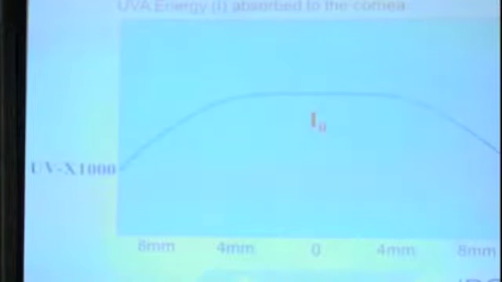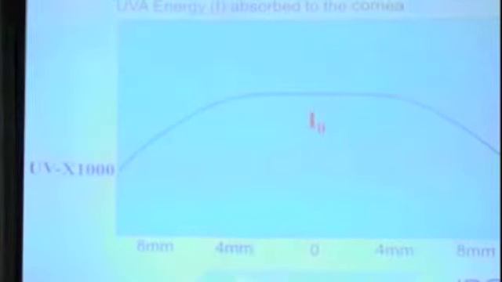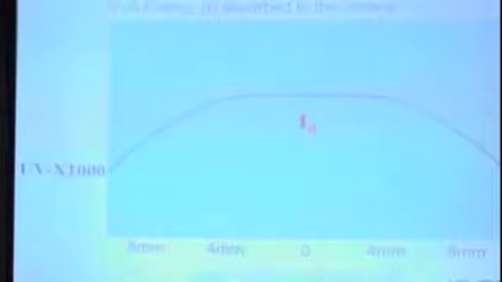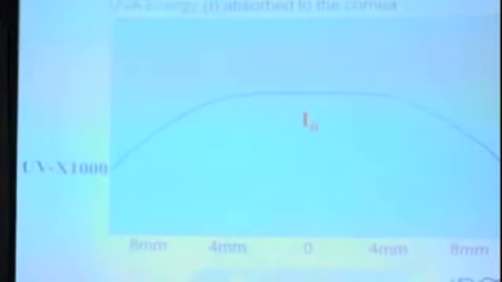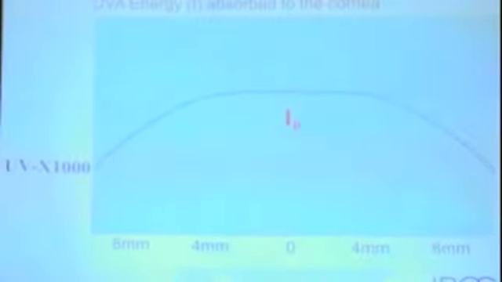So here we can see the old beam profile with the total energy absorbed in the cornea. In the center of the cornea a high energy is absorbed, so there we have the whole 300 micrometers, and in the periphery we have less. That was the reason we thought about how to improve this.